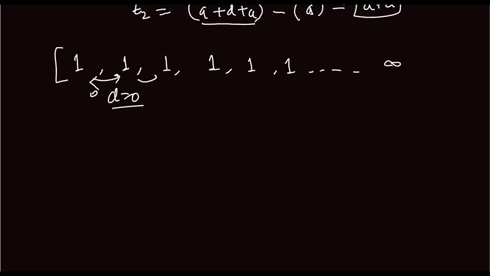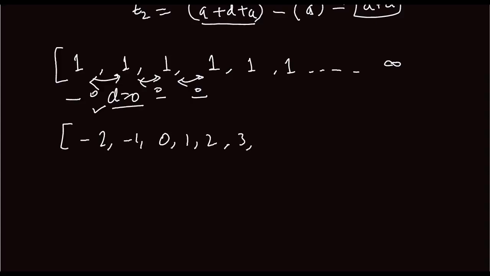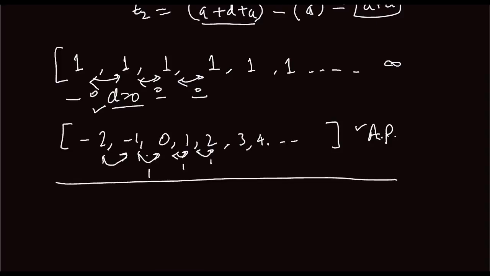Again, minus 2, minus 1, 0, 1, 2, 3, 4 is also an AP, because the difference is 1 everywhere. These types of series are called an AP.